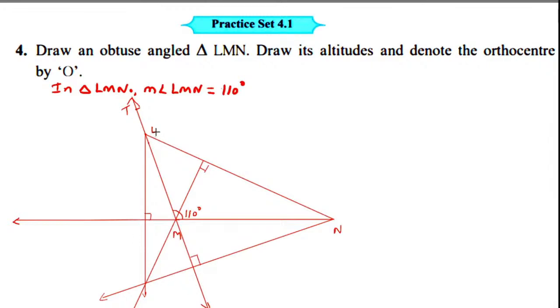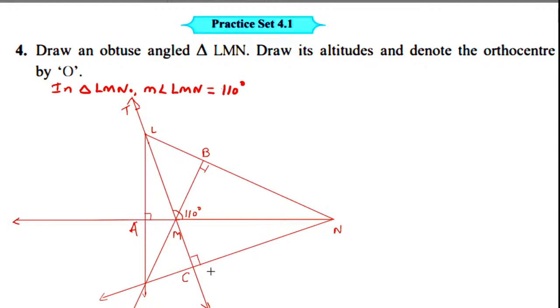This one is segment LA. Segment LA is the altitude drawn from vertex L to opposite side MN, which is perpendicular, and altitude drawn from the vertex M, this one is point D, perpendicular to side LN, and this one is the point C, altitude NC, perpendicular to side LM.